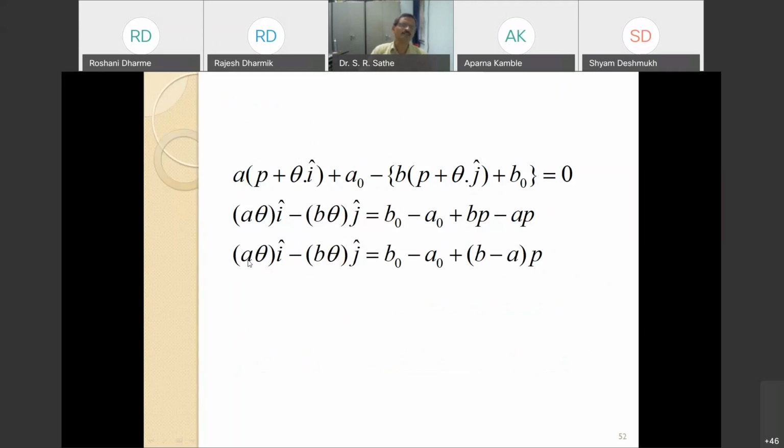The GCD of the left hand side coefficients, the GCD of a theta comma b theta, is theta into GCD of a, b. This will have an integer solution only if theta into GCD of a comma b divides the right hand side. Then only there is a dependence.